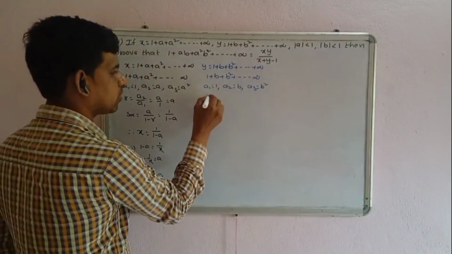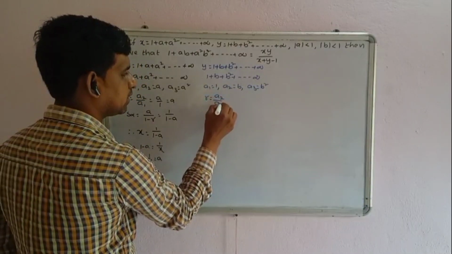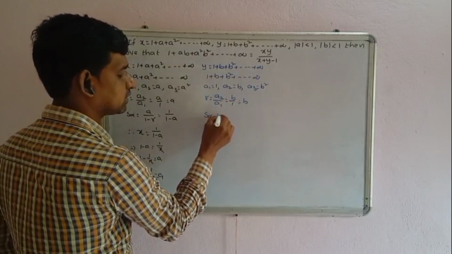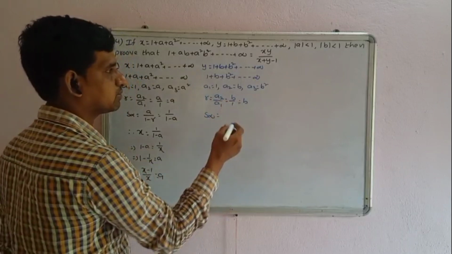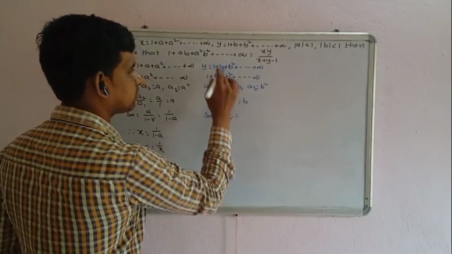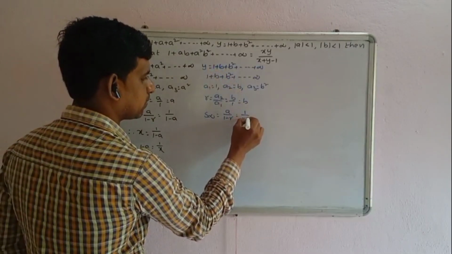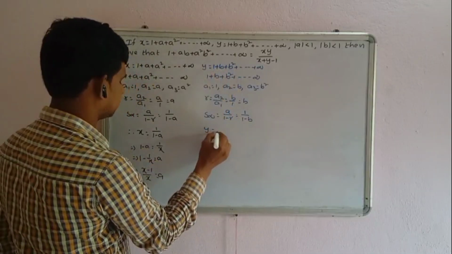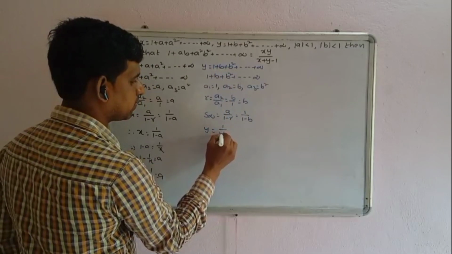So what is the common ratio formula? r equals a2 by a1, that is b by 1, b. S infinity formula, sum of infinity terms, a by 1 minus r. The first term a is 1, so 1 by 1 minus b. This is the value related to y. Therefore, y equals 1 by 1 minus b.